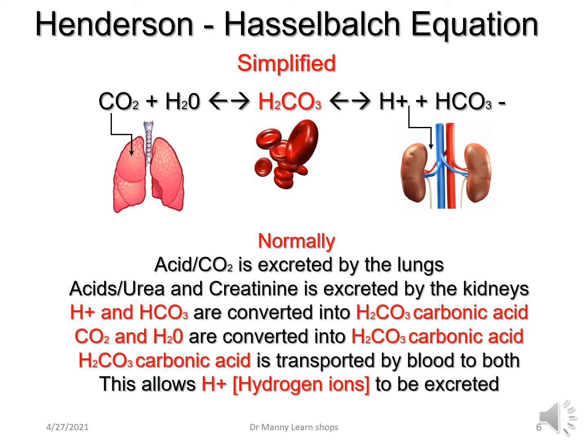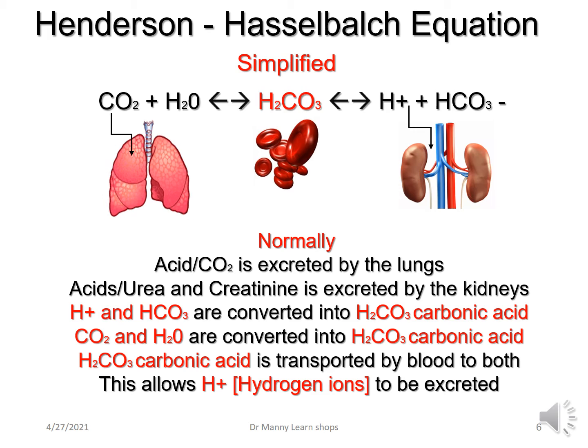Hydrogen ion and bicarbonate in the kidneys can be converted to carbonic acid, which is transported in the blood, which can move to the lungs, and the lungs can excrete carbon dioxide and water. So normally, acid, carbon dioxide, is excreted by the lungs. Acids, like hydrogen ion, urea and creatinine, and uric acid, are excreted by the kidneys.